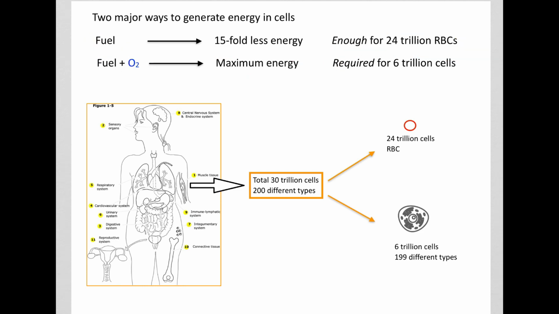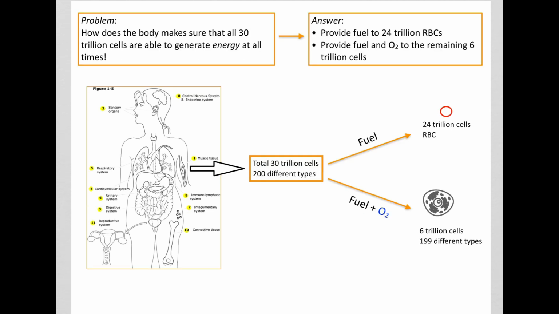So these cells need fuel, but they also need oxygen, which is not required for red blood cells to generate energy. So the answer to the question, how does the body make sure that all 30 trillion cells are able to generate energy at all times?